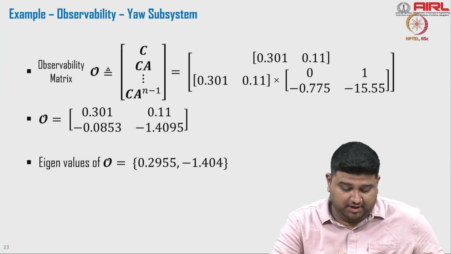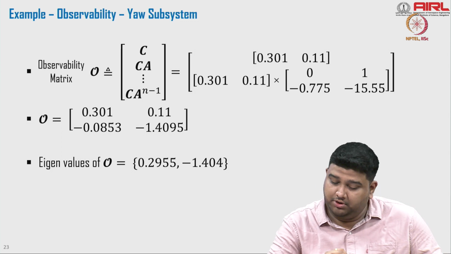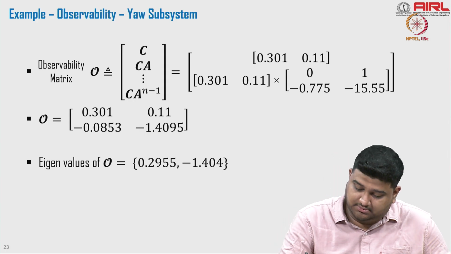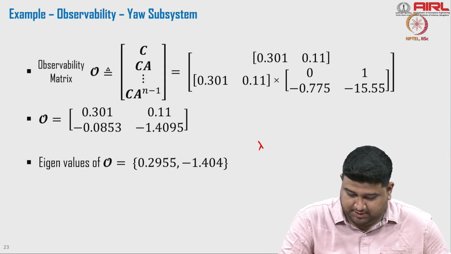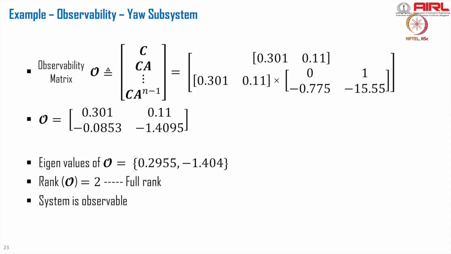We find the eigenvalues to be 0.2955 and minus 1.404. Again, no eigenvalue is equal to 0, which means the matrix is not singular. It is full rank, with the rank being 2 in this case, which means that the system is observable.